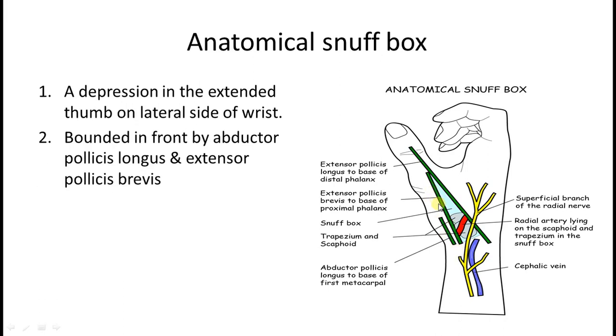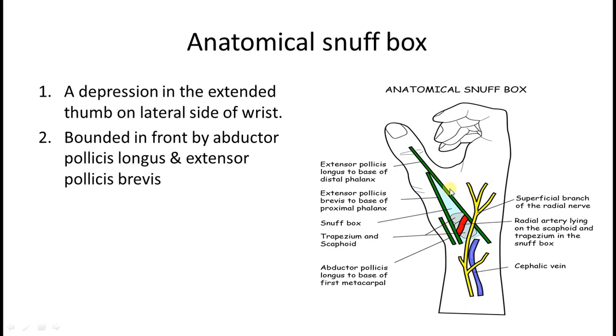Actually this is the front: abductor pollicis longus and extensor pollicis brevis. Don't think this is back. In anatomical position only this comes to the front. We all are actually discussing all the structures based on the anatomical position.